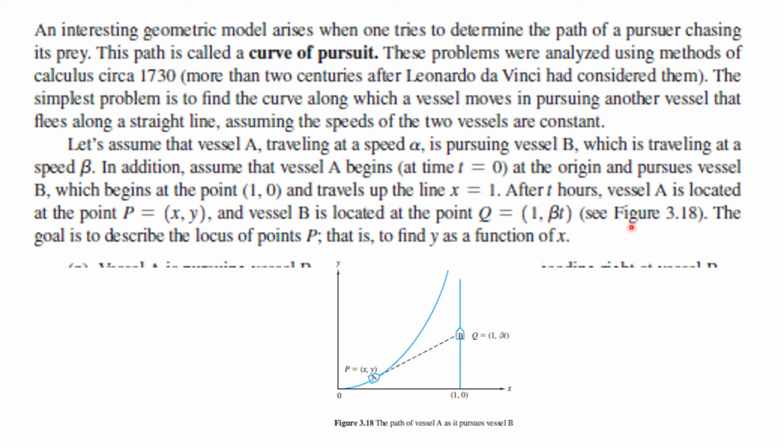After t hours, vessel A is located at a point (x, y), pursuing that. And vessel B is located at the point Q, which is going to be (1, beta t). This comes from distance equals rate times time. The goal is to describe the locus of points P, that is, find y, which is this pursuit curve, as a function of x.